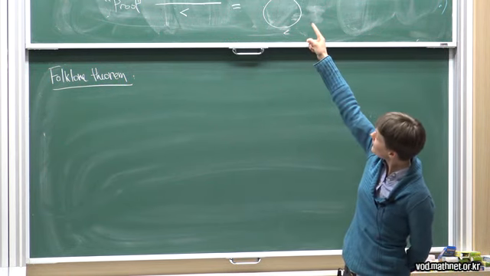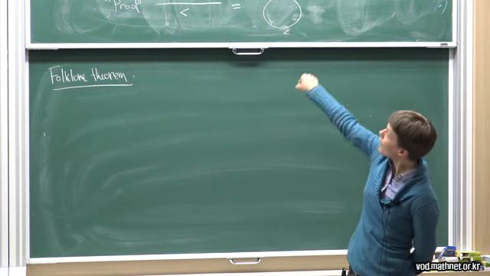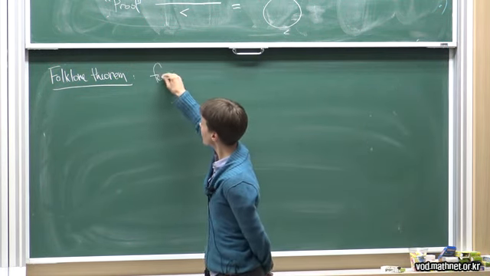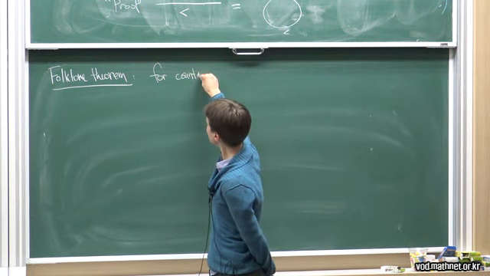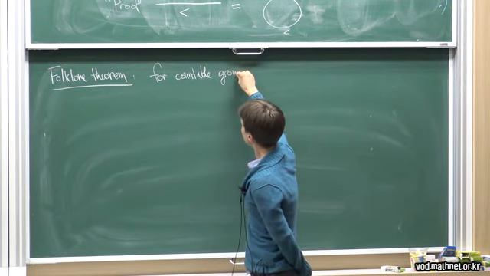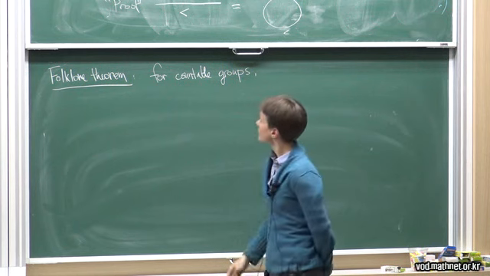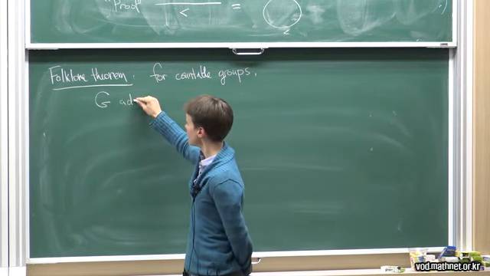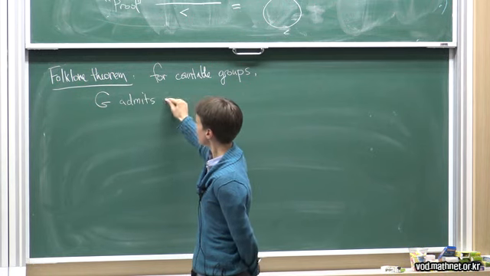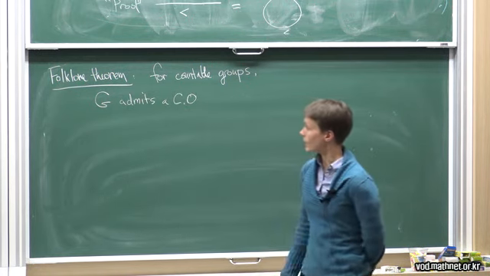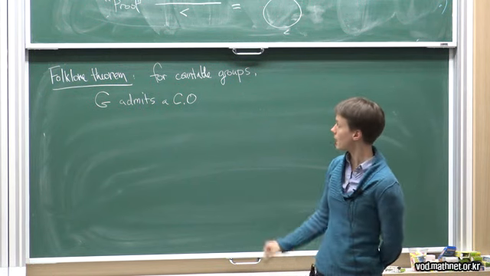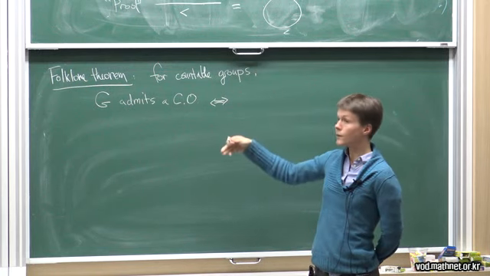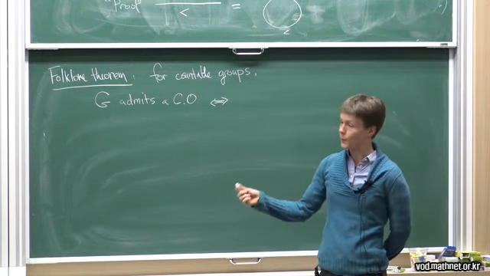That says sort of that example 2 here is really all that's ever going on. Okay. So for countable groups, G admits a circular order, this purely algebraic construct, if and only if G acts faithfully on the circle by orientation preserving homeomorphisms.